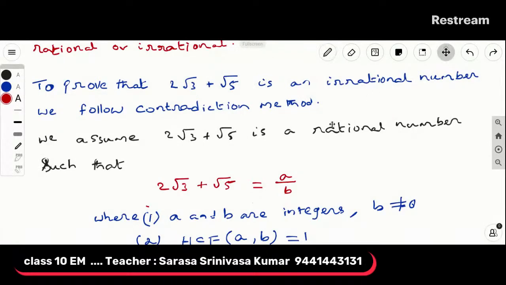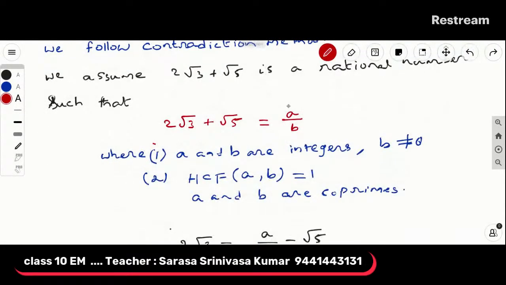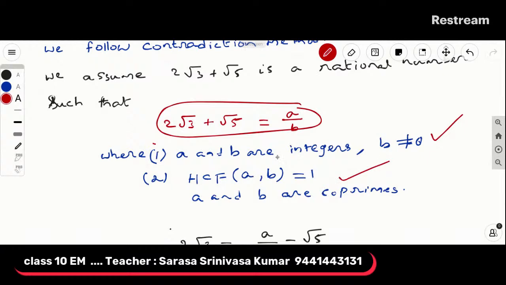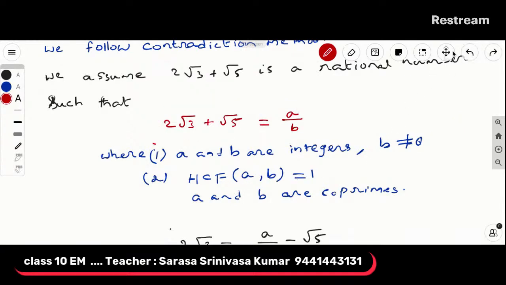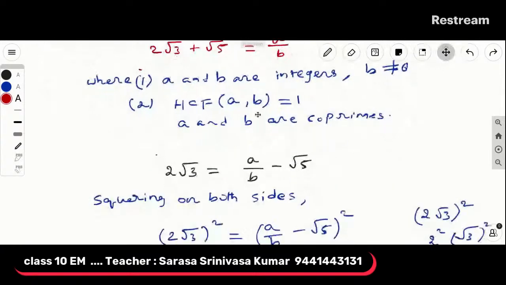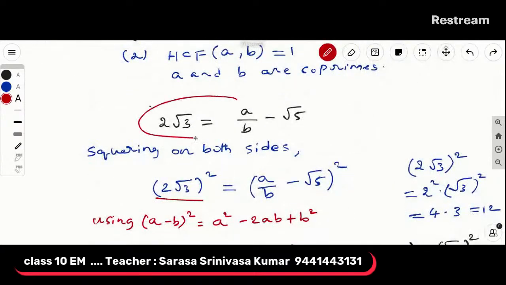So, if we can write the given number as a rational number, then we can express it in the form of a by b, where a and b satisfy two conditions: a and b are integers, b is not equal to 0, and the highest common factor of a and b equals 1. Now, we rearrange the given problem. 2 square root of 3 equals a by b minus square root of 5.